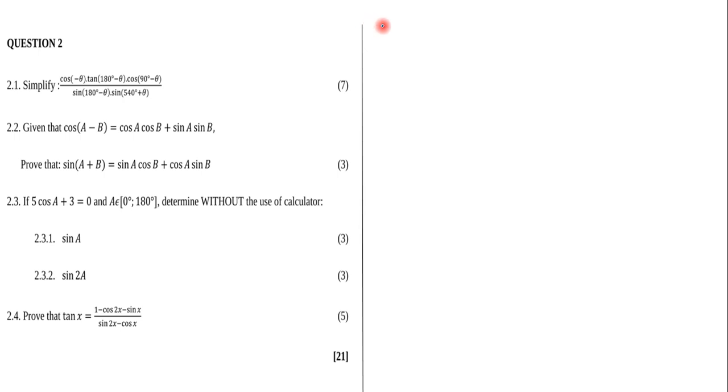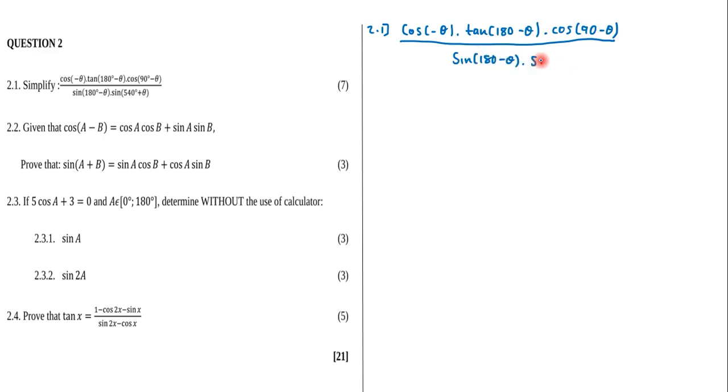The first question here is question 2.1, and we are asked to simplify cos negative theta times tan 180 minus theta times cos 90 minus theta, all divided by sine 180 minus theta multiplied by sine 540 plus theta.